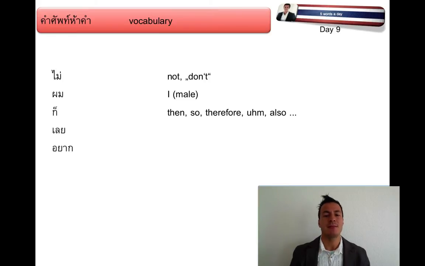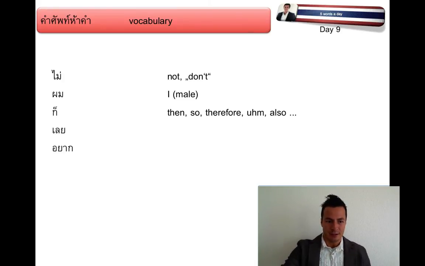So it basically somehow connects what has been said before to what follows after, or it connects a question of somebody to your own answer. So if you ask me something, I could go like ก็ and then whatever I want to say. Or also if you have a certain statement made and you would like to also do that, you can also use ก็. Let's see how that works later on within the sentences.